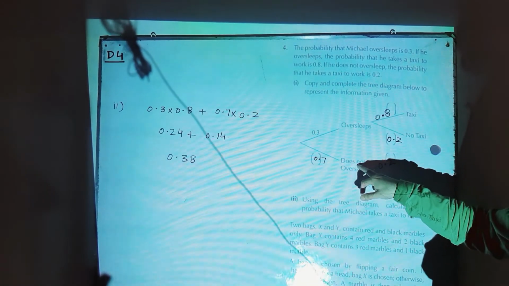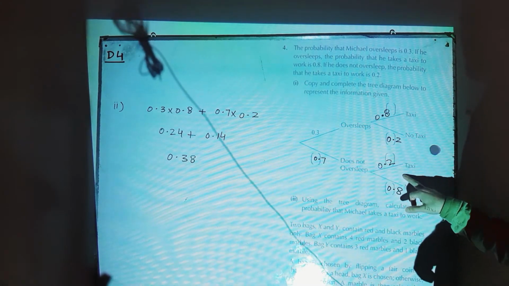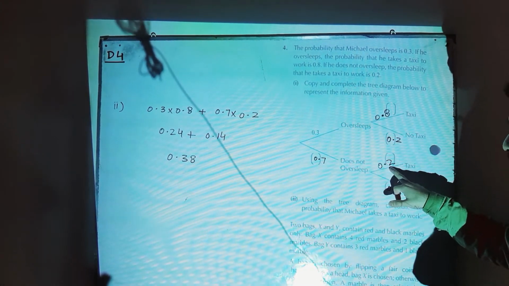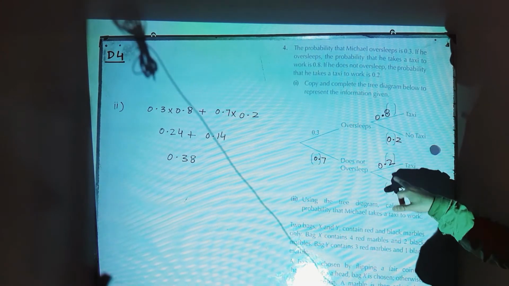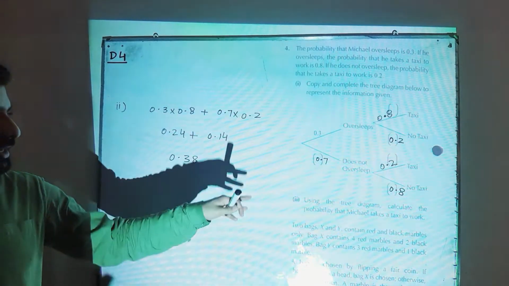And if he doesn't oversleep and he goes by taxi, the probability is 0.2, then this one is 1 minus 0.2, that is 0.8. Now this is the diagram.